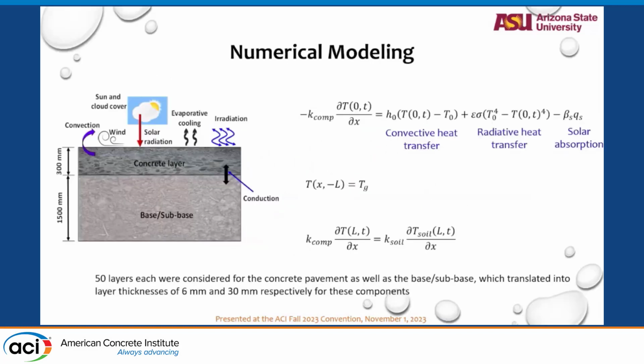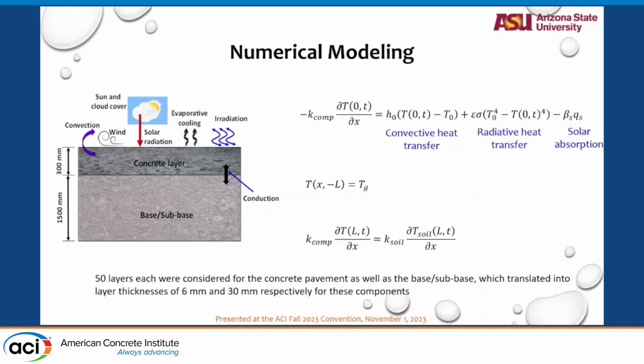After this, we had a numerical 1D model developed to see the temperature difference profile and how heat passes through the slab. This is basically a model of the slab that we casted on the field, with a concrete layer placed on a subbase.